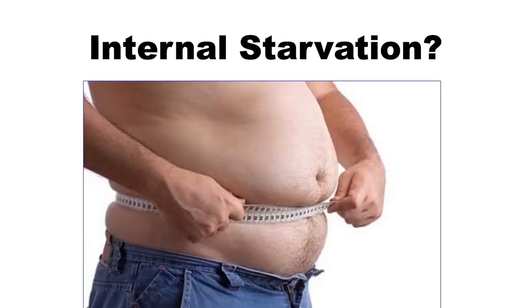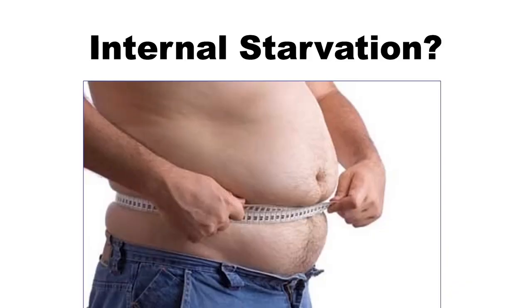Instead, we see that people tend to have a lot of abdominal obesity, which is one of the syndromes of metabolic syndrome, and we also see fatty liver all the time. So there's really no starvation that we can see.